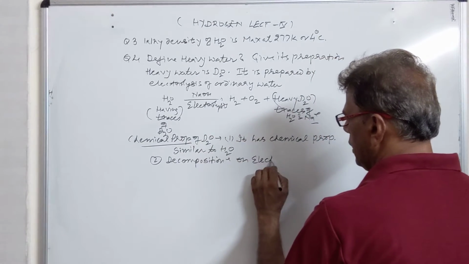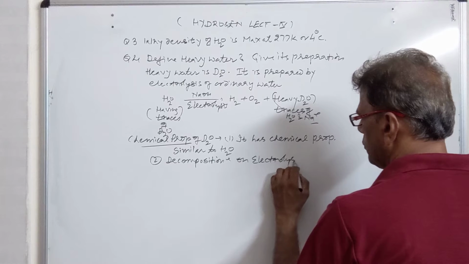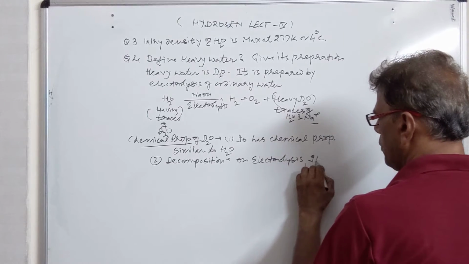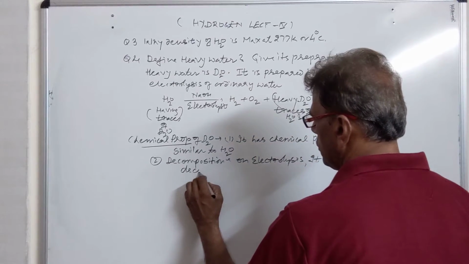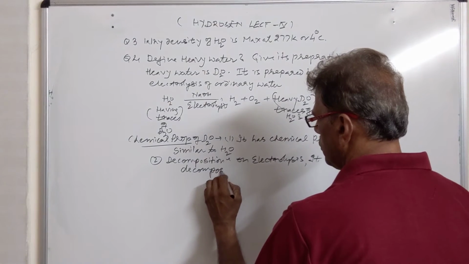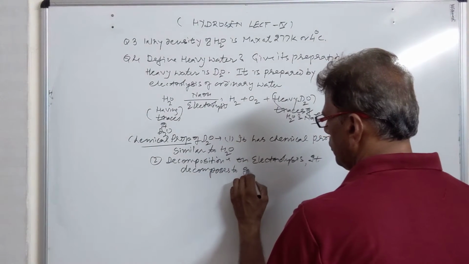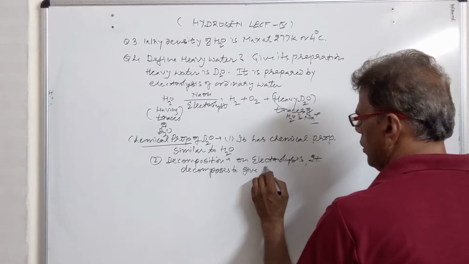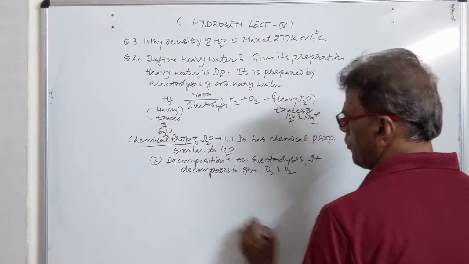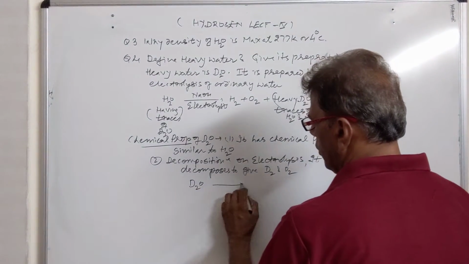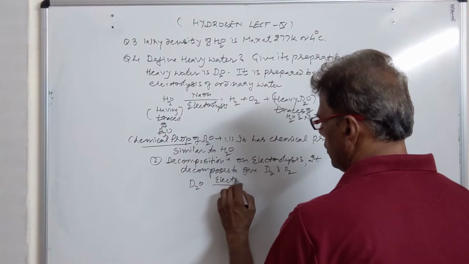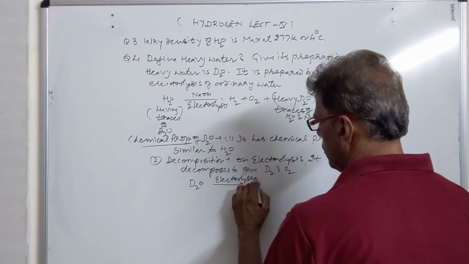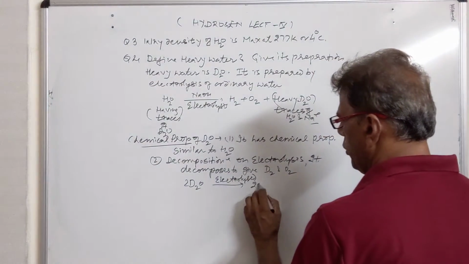On electrolysis it decomposes to give D2 and O2. D2O on electrolysis, we get 2D2 plus O2.